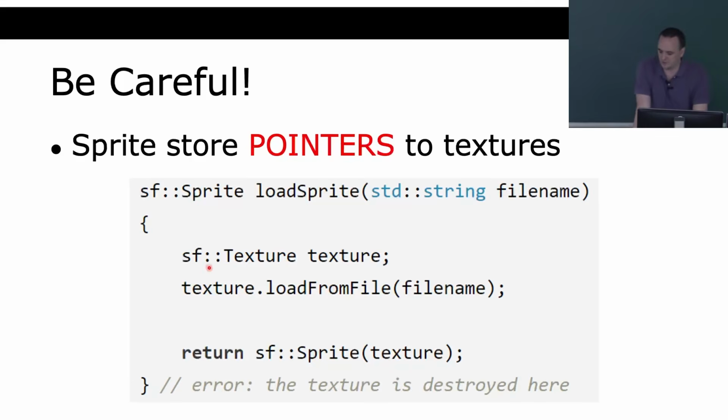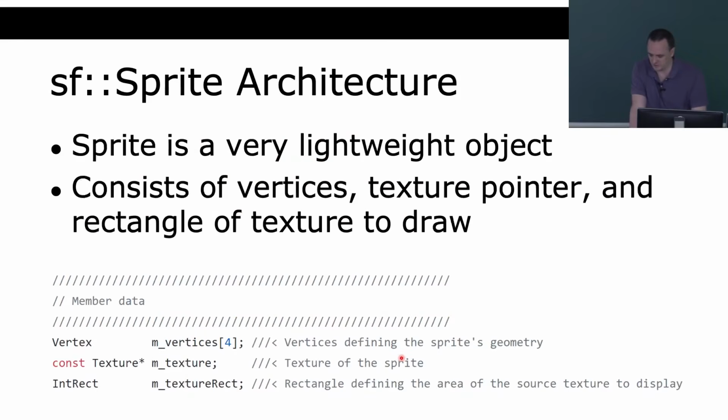Well, in C++, the reason is we've created this stack allocated variable within this block of code. We then load a texture from this file name. That texture data lives on the heap somewhere that's referenced by this texture. Now I'm going to create a new sprite object with this texture, but what does the sprite do? It just stores a pointer to the data of that texture.